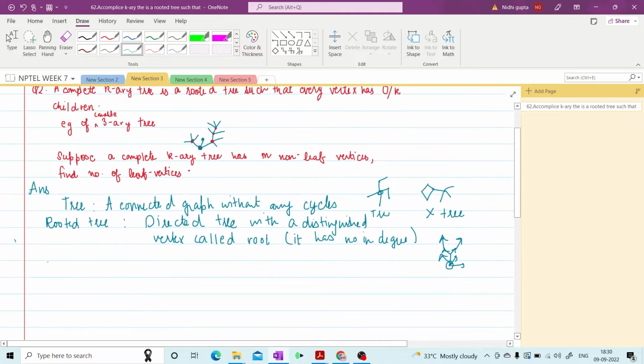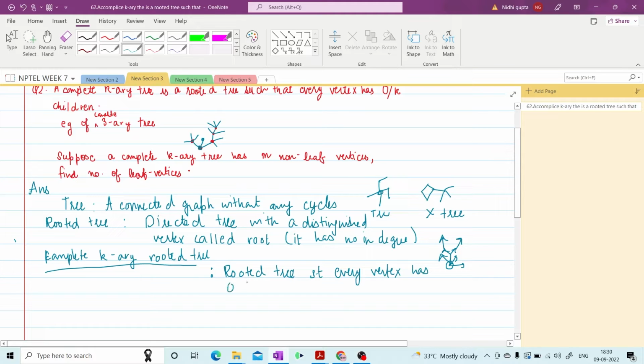Now a complete k-ary rooted tree. It is a rooted tree such that every vertex has 0 or k children.